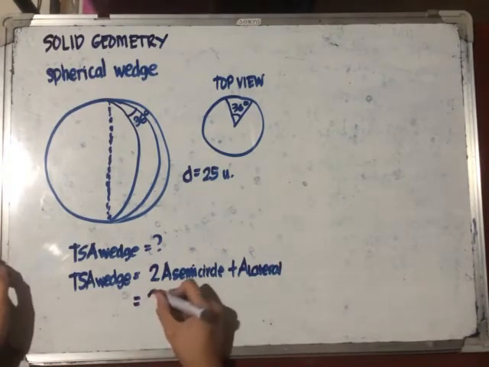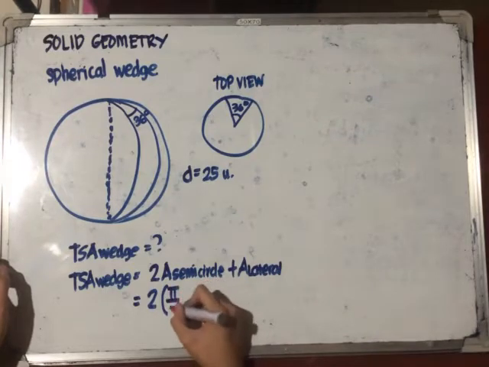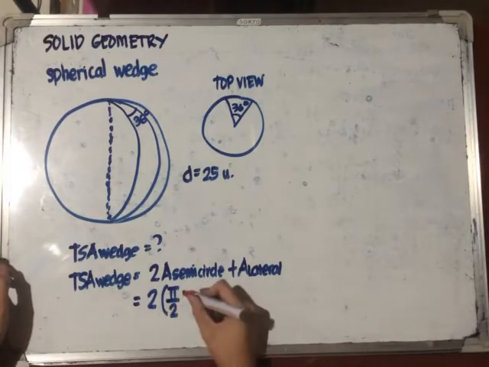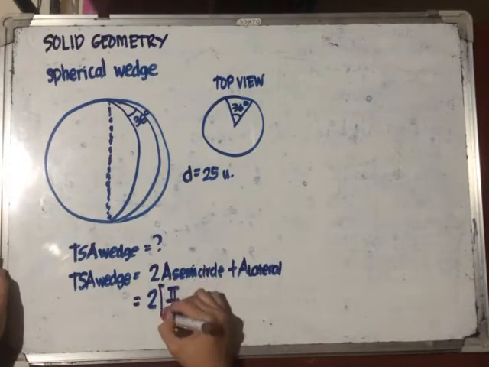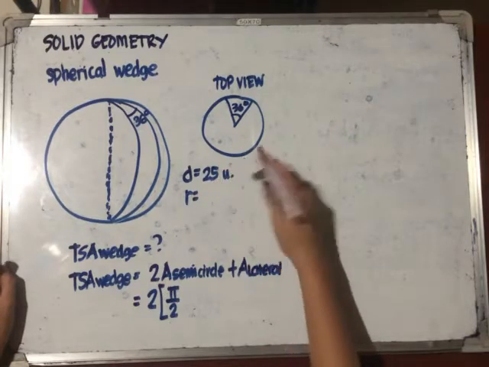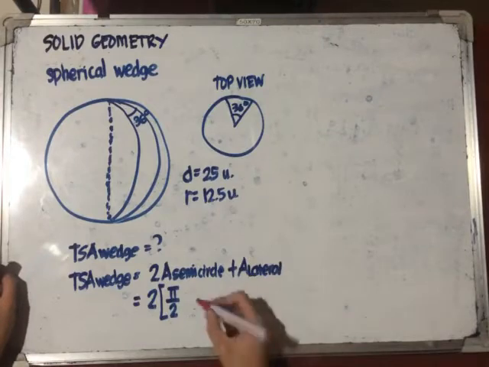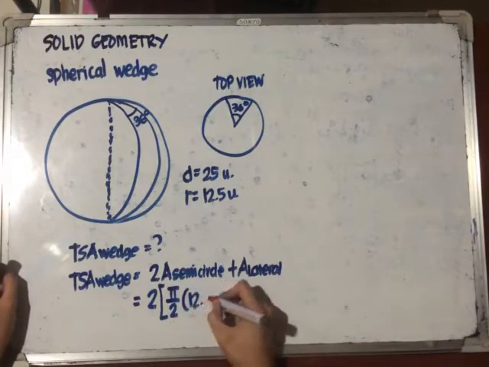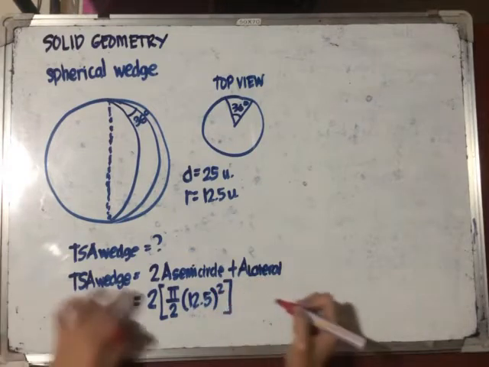That's very easy. 2 times pi over 2 r squared. So if the diameter is 25, therefore our radius is 12.5 units. So this would be 12.5 squared. That's for this portion.